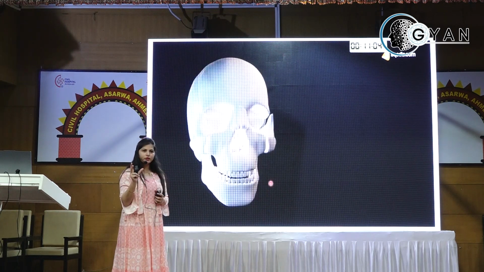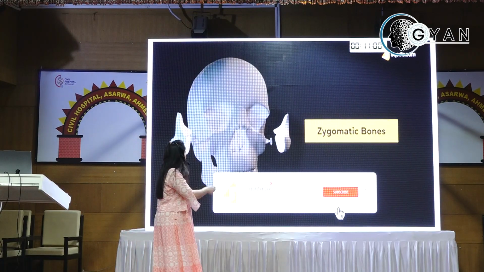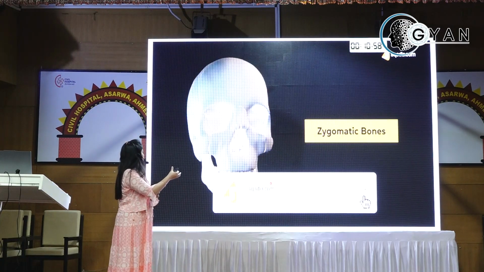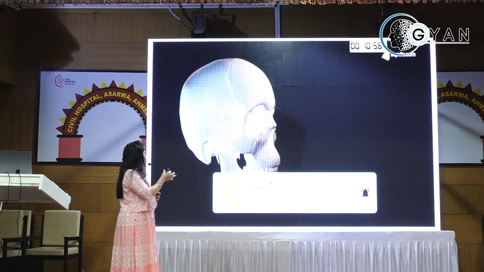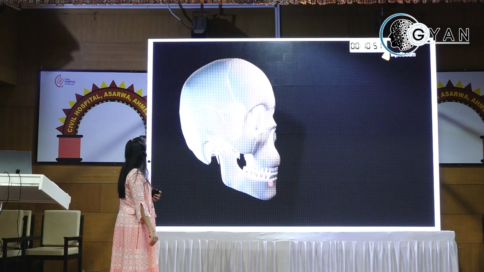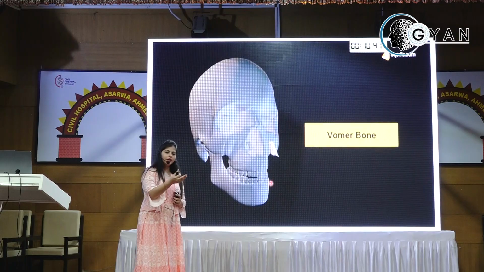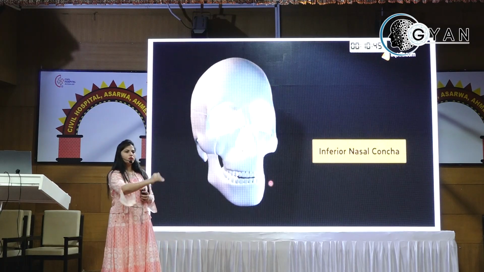That is the superior aspect of the articulation. Then laterally it articulates with the zygoma. Then if you come a little down, it articulates with your palatine bone, your inferior nasal concha, and of course the vomer.